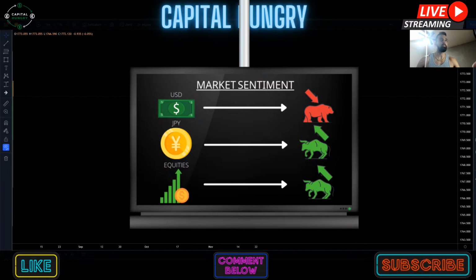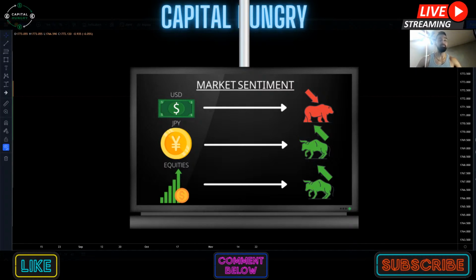But the market moves in waves. As that information has been priced in, as buyers are liquidating positions from 20-year highs, we're entering a short-term bearish pullback phase on the dollar, which I'll of course explain to you individually when we look at the dollar index.